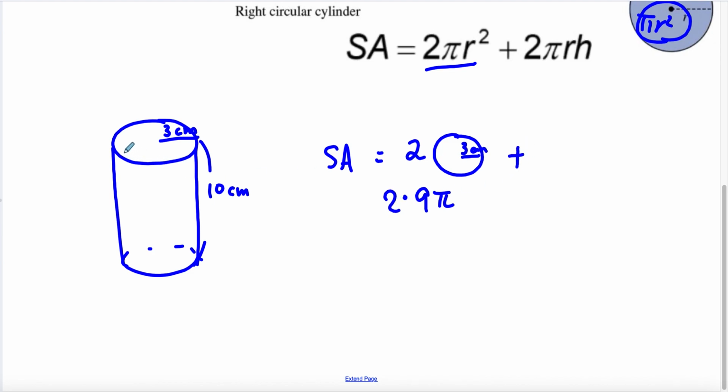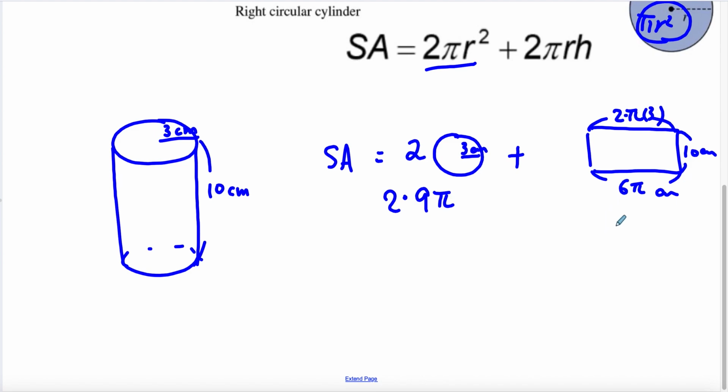And you can think about opening this up, having a long rectangle with a height of 10 centimeters. And the width is the length around the circle, which is the circumference of this circle. So 2 pi r, 2 times pi times 3, which is 6 pi centimeters.